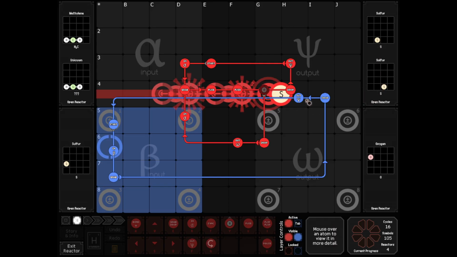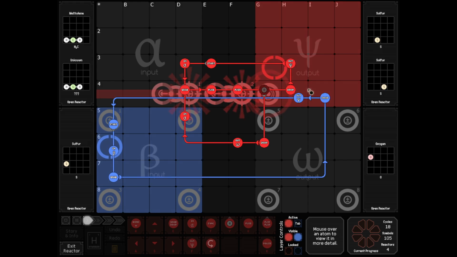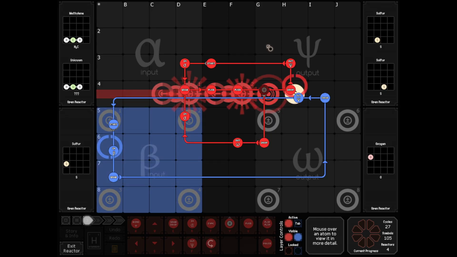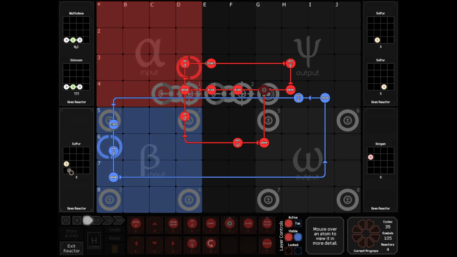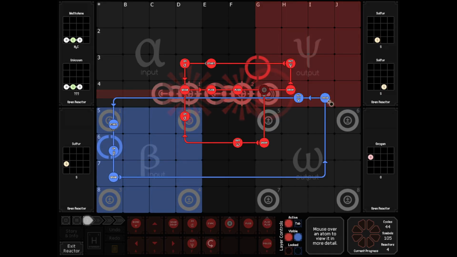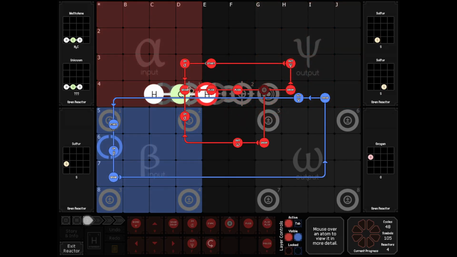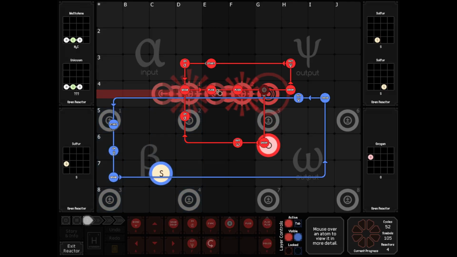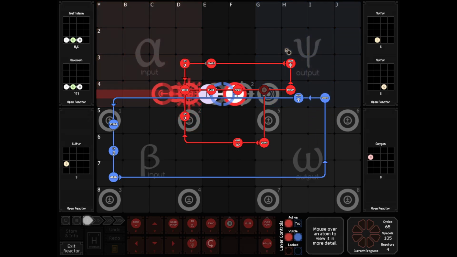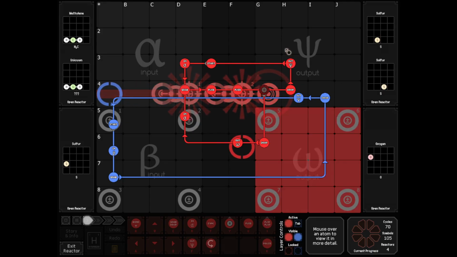Sulfur gets outputted here in this top output zone and oxygen at the bottom. Meanwhile, the blue Waldo is just waiting for any sulfur to arrive and will just send that to the top output in a way that it will never collide with the red Waldo carrying any molecules around. So the Waldos are completely independent of each other here.